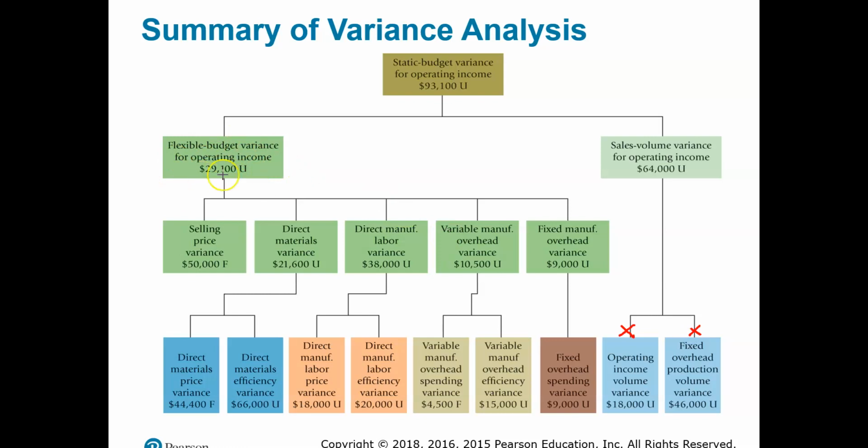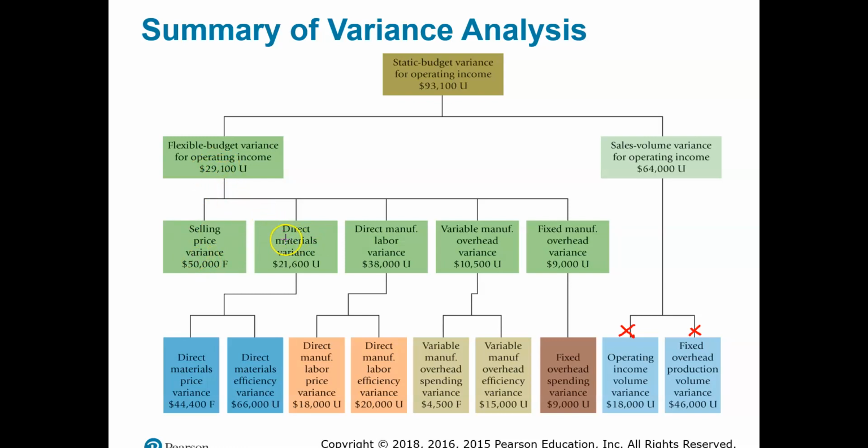Now let's take a look at our flexible budget variance. These are divided into different categories here. One deals with selling price, the change in actual selling price versus what our budgeted sales price was.